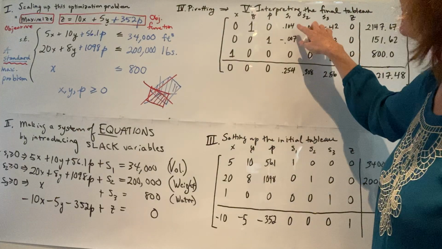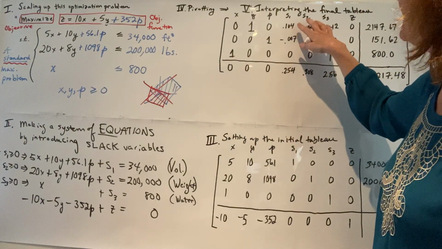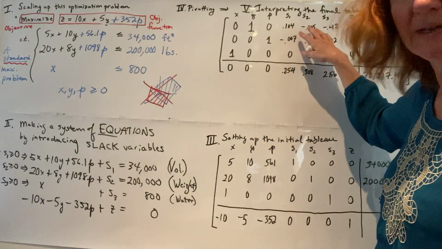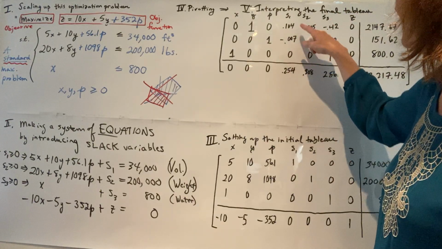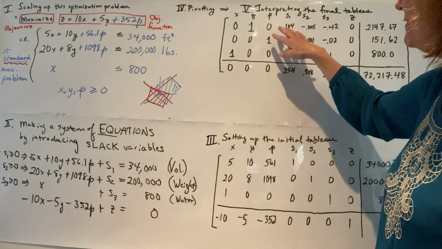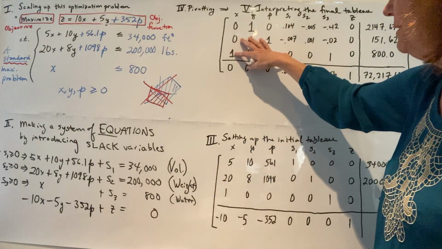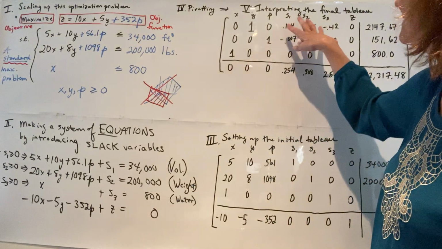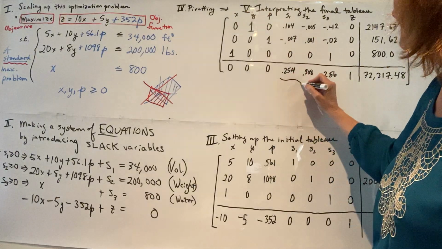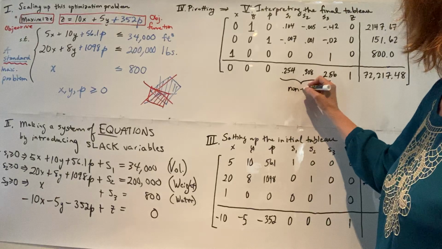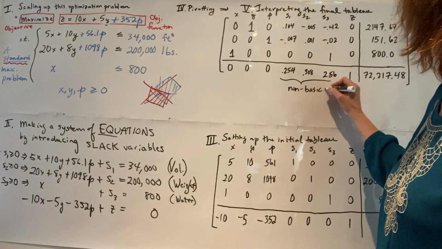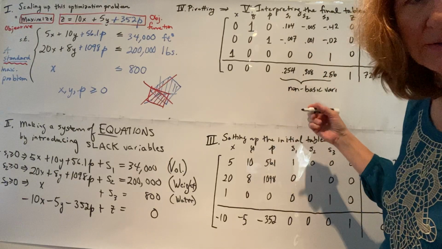We're going to say that these are not fundamental to our solution. Every time you see a bunch of numbers that aren't just clean with 1, 1, and a bunch of zeros otherwise, in this case these 3 right here, we call these the non-basic variables. Basic as in fundamental to the solution.